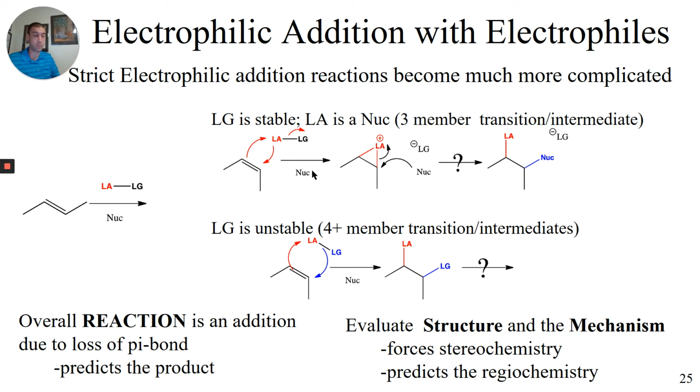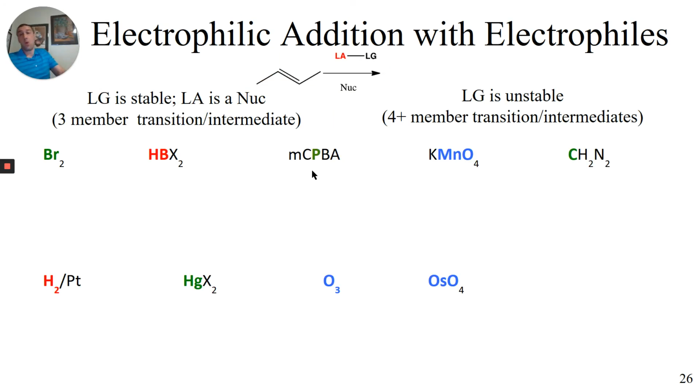This is where the memorization can come in, and you can help supplement your understanding with some memorization. On the bottom, what we've got here is a big conglomeration of reagents that are associated with the electrophilic addition with electrophiles. So what you should be able to do for each of these, given that starting butene, 2-butene if we want to get specific, is decide what category we're going to fall in. Should this be a 3-membered transition?